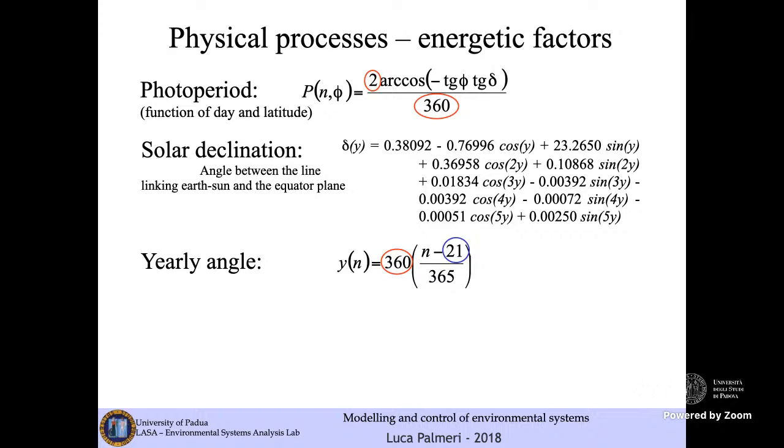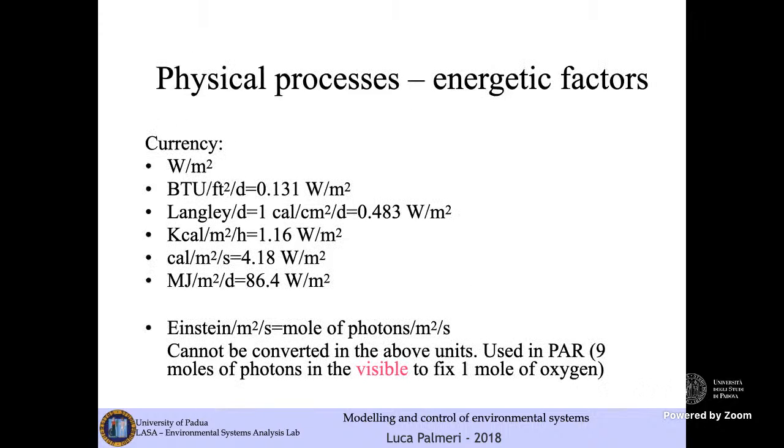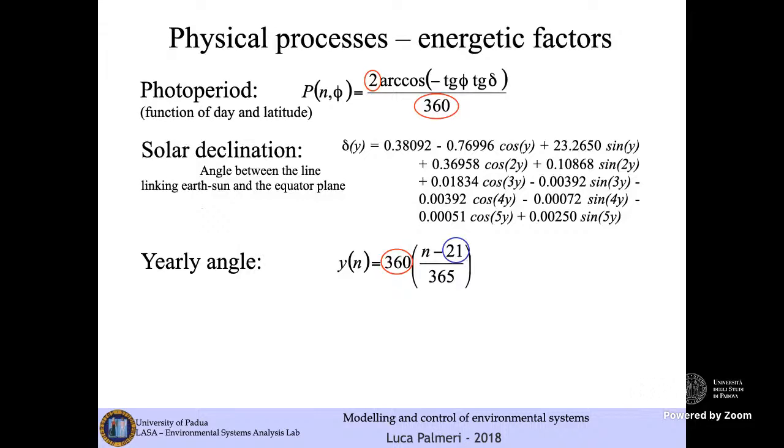Then we may want to describe the effect of solar radiation, and we discover that the effect of solar radiation depends on various factors, essentially 2 factors that are the location on which the solar radiation falls, so we may say the latitude, but also the period of the year at which the solar radiation is considered.